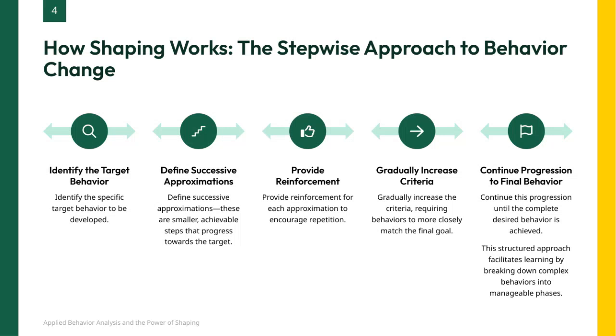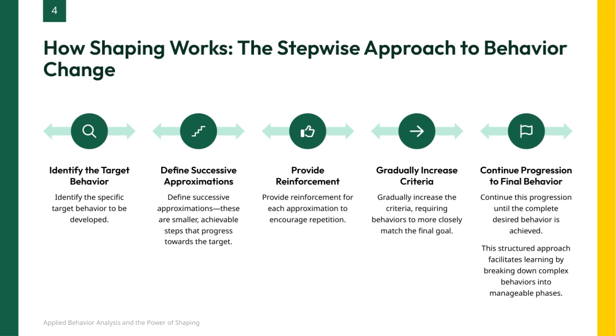When using shaping to change behavior, the first step is to identify the specific target behavior we want to develop. Once we have that in mind, we break it down into smaller, achievable steps called successive approximations. These are like mini goals that steadily move us closer to the final behavior. For each of these steps, we provide reinforcement.